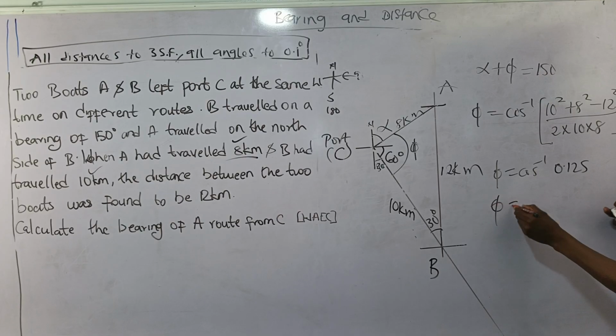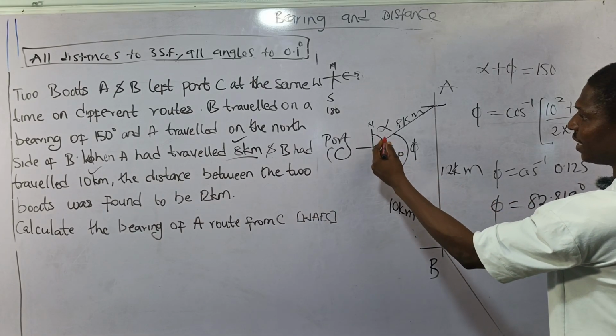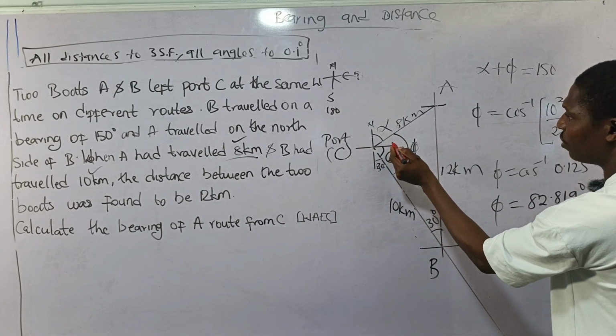So phi will be equal to shift cos of my answer, and I'll have 82.819 degrees. Remember, this angle must be less than 90 degrees because it's in between north and south.